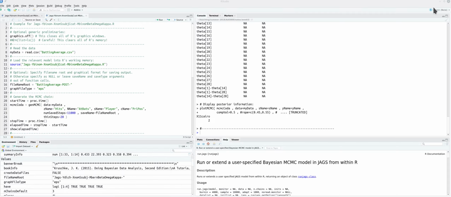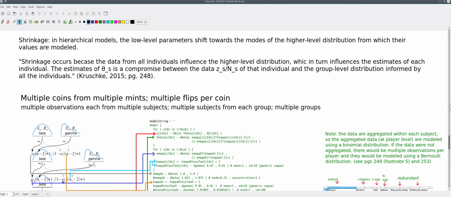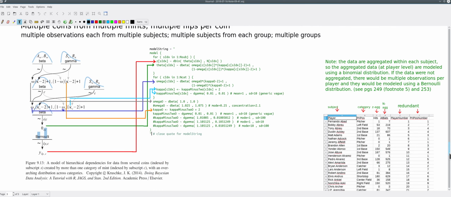So the way we would model this is like this. We have the individual. Each individual observation's likelihood is a Bernoulli, but it is contingent on a given subject and a given category.